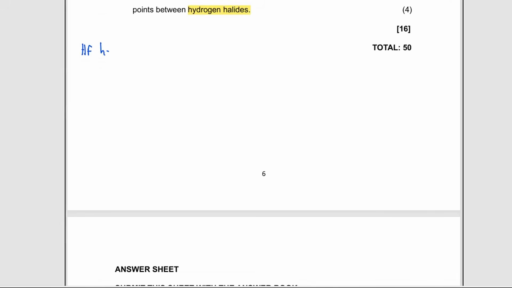HF has hydrogen bonds. Remember when I said, how do you identify your hydrogen bonds is when your hydrogen is bonded with fluorine, oxygen, or nitrogen. That's why we're saying this one has hydrogen bonds, right? Okay. While let's compare it with the other one.